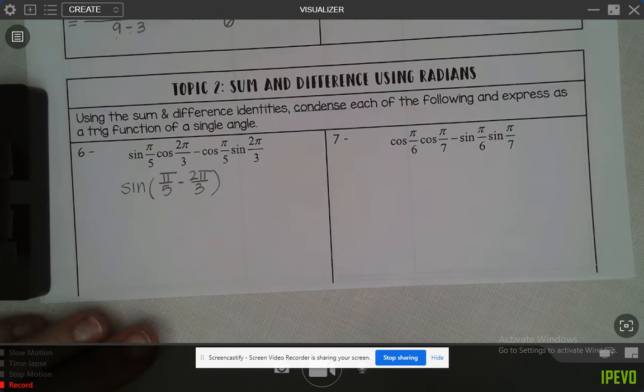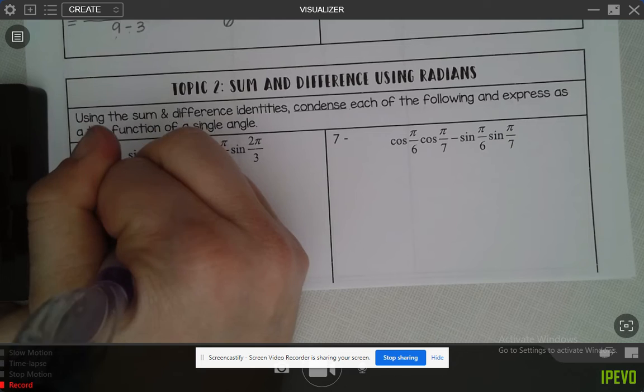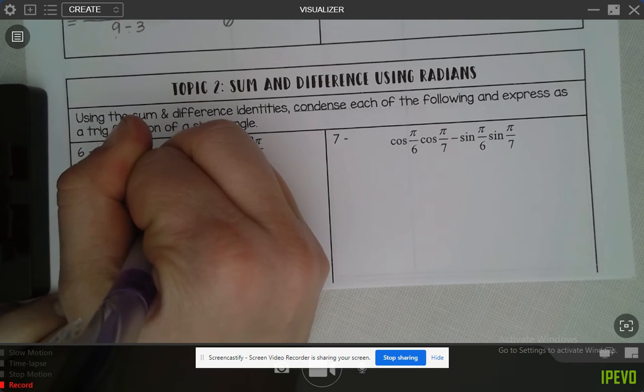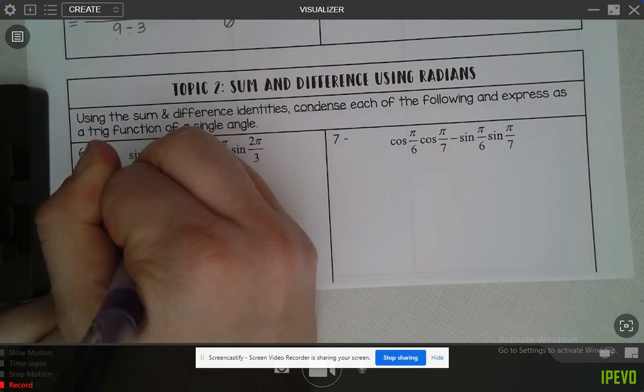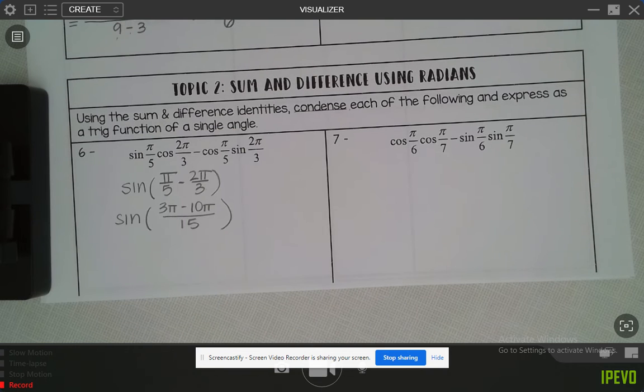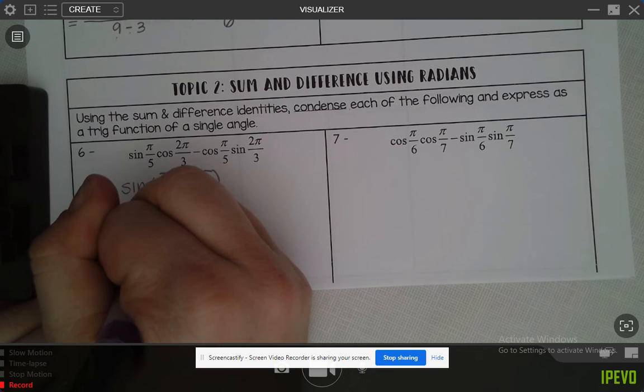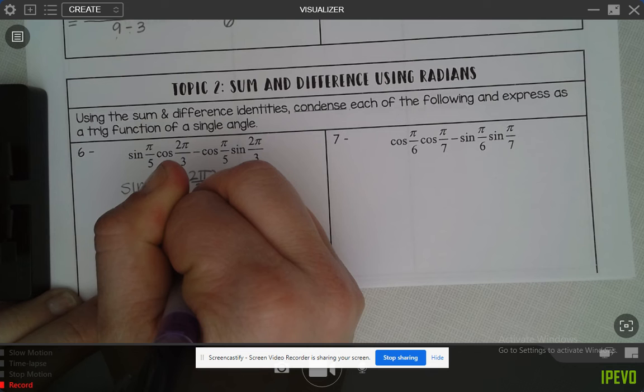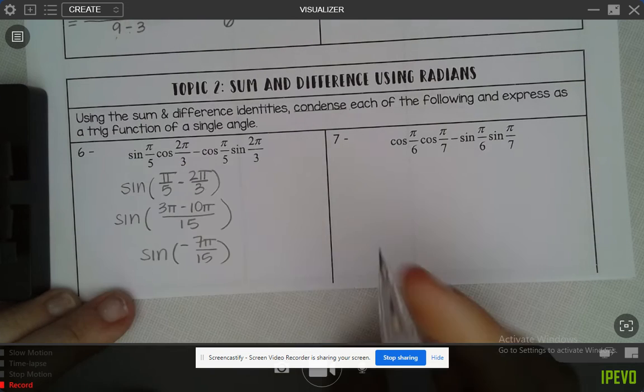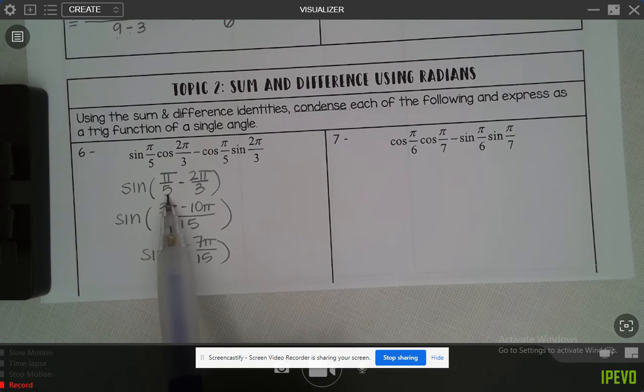Common denominator. So this is the sine of 3 pi minus 10 pi over 15. Does everybody understand how I got those? Common denominators? So this is the same as the sine of, gotta get a common denominator, so I have to multiply this by 3, so that goes by 3. This by 5, so that goes by 5.